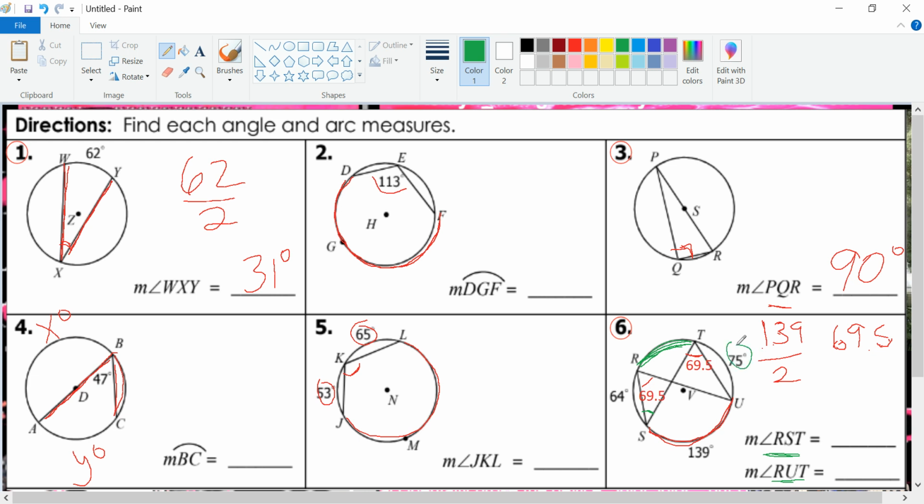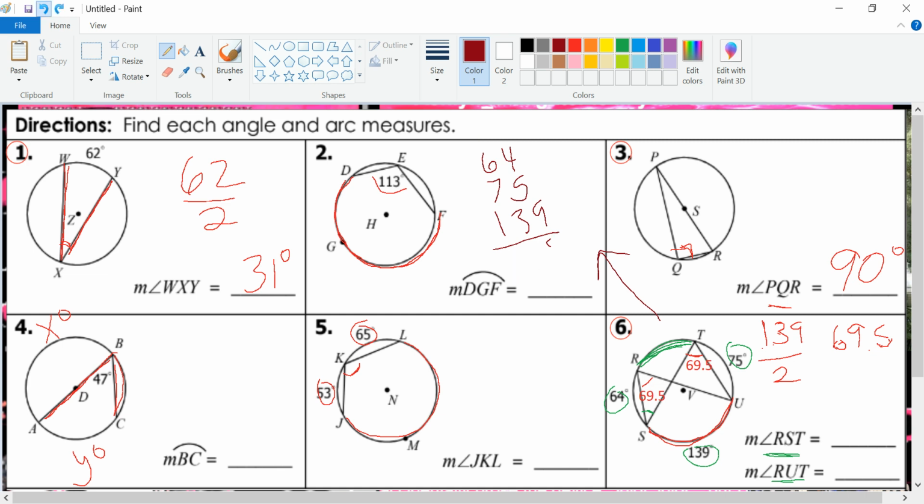We've already got 75, 139, 64. You know a circle always equals 360. So if you add 64 plus 75 plus 139, we get 278 degrees. 278 degrees is how much of the circle we already have.